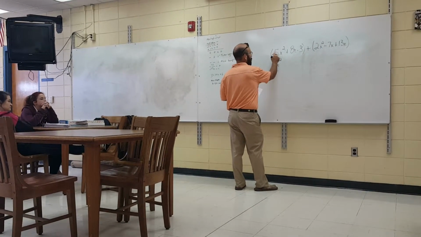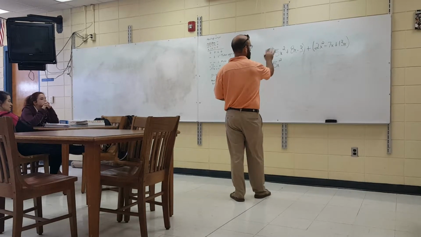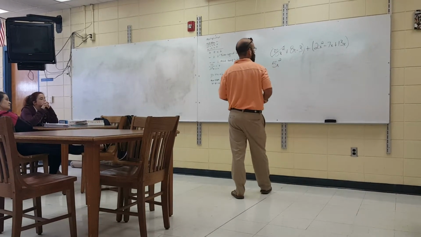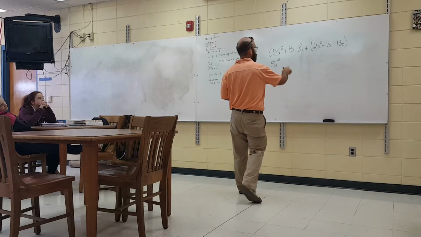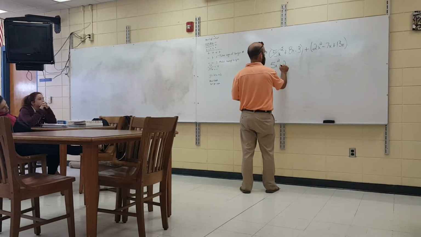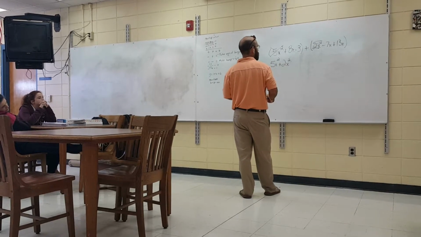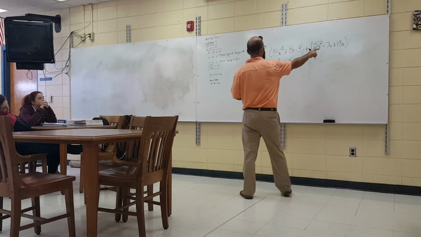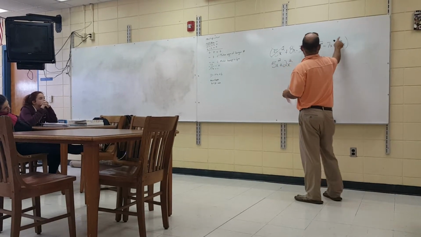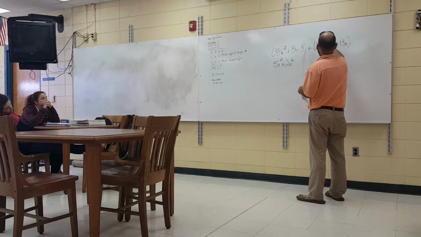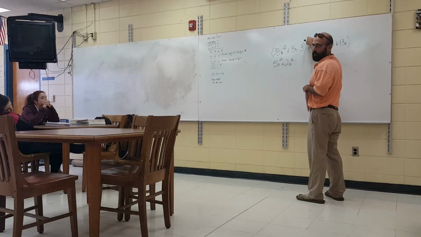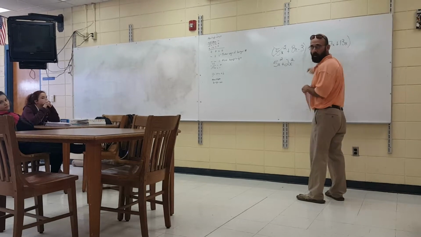I'm going to put 5x squared, and I like to mark it out, that way I don't go back and overlook it or put it in there more than once. And I have another x squared, which is 2x squared. I'm going to get rid of that one as well. I want to keep these in descending order in my exponents.